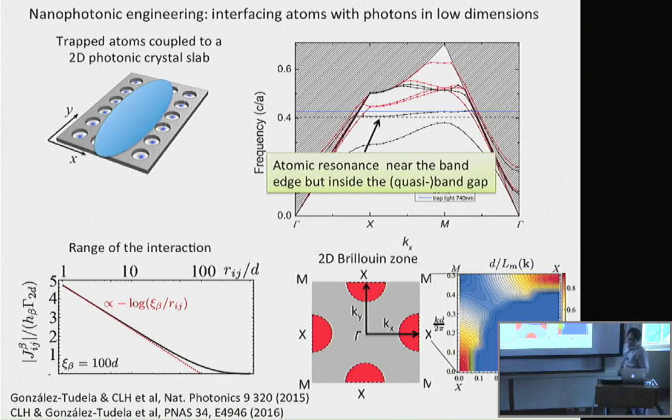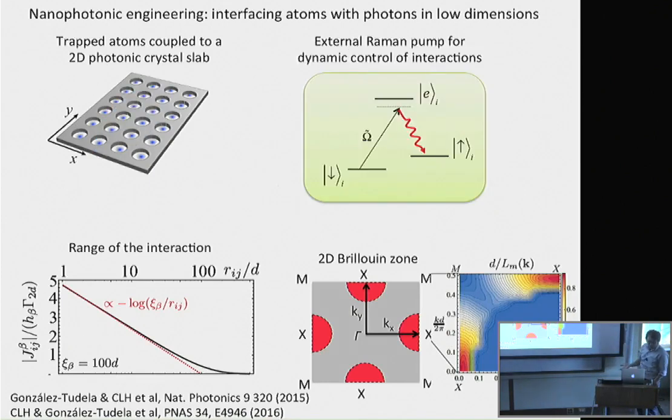Maybe some of you will have some idea. And then we can see organization of the atoms. We can also try to collect light that's leaking out into the photonic band, using, for example, photodetectors to look at it.